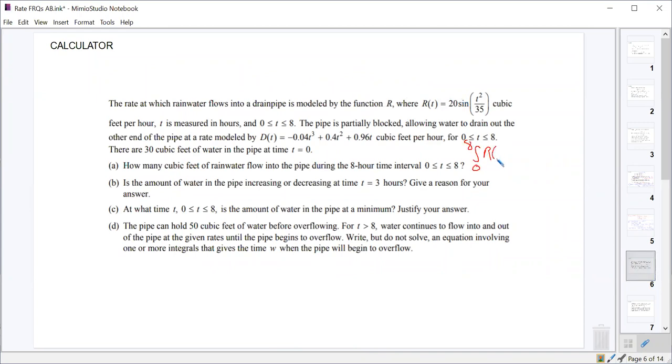The integral from 0 to 8 of R of t dt is about 76.570. A nice, easy 2 points there: 1 point for the integral, 1 point for the answer. Everybody good with part A? You see that type in almost every single question, and it should be easy points.